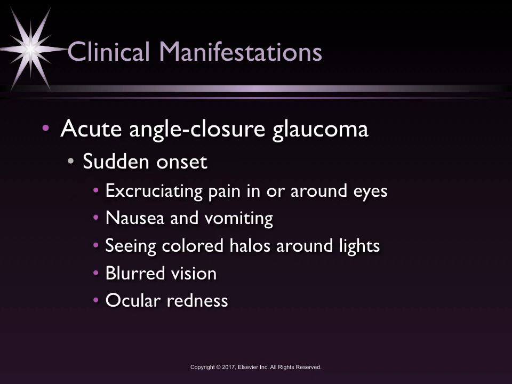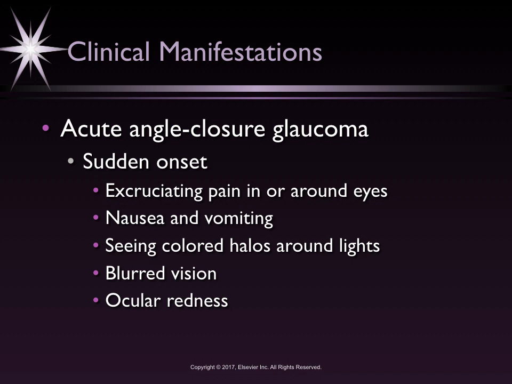However, with the acute angle closure glaucoma, it comes on suddenly. And usually they'll report they have excruciating pain in or around their eyes, nausea, vomiting. They start seeing colored halos around lights, blurred vision, and ocular redness.